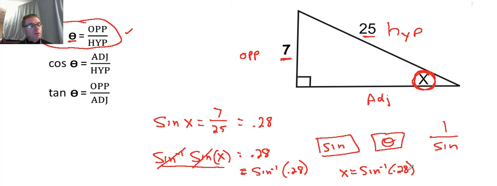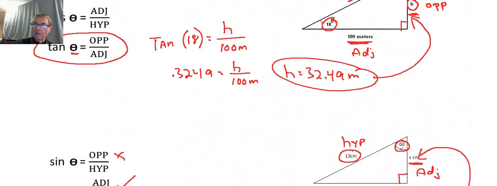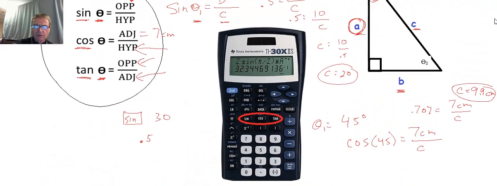Well, if you look on your calculator, I'm going to scroll all the way back up here. If you look on your calculator, I've got my sine, cosine, and tangent buttons, and I drew my red circle around here. But notice above every one of these functions on our calculator, there is a second function that we can use.